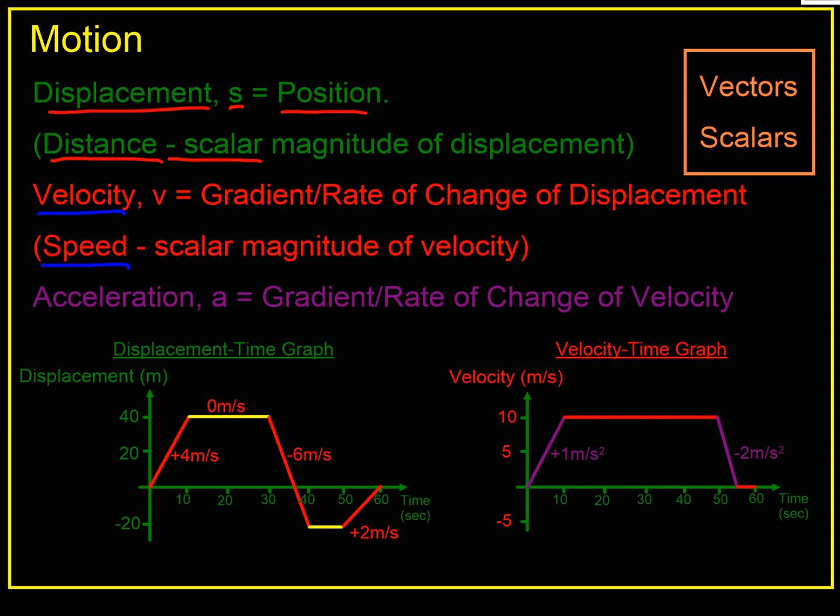And speed is the scalar quantity to go with that, and acceleration, which is the rate of change of velocity. And all these terms we can see from our two sorts of diagram. We've got our displacement time diagram from GCSE, and we've got our velocity time graph, which we're going to use at A level. So there you have it. Hope that's of use.